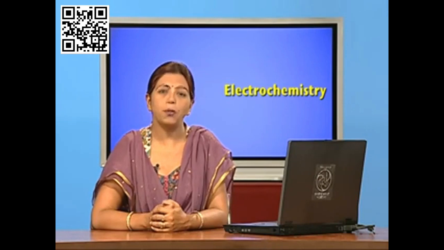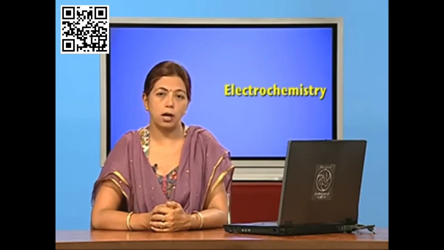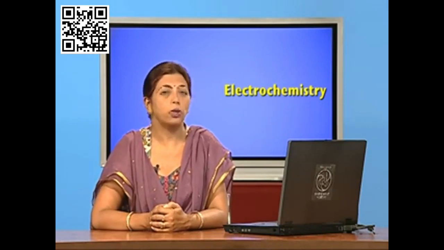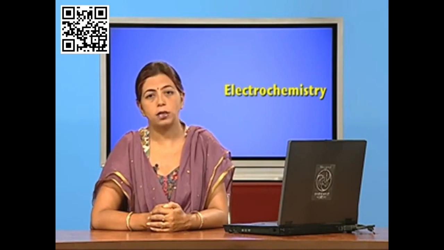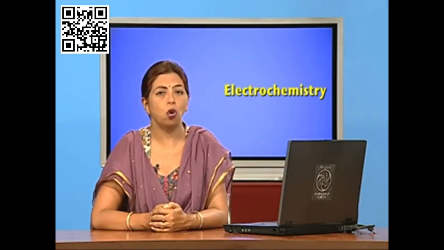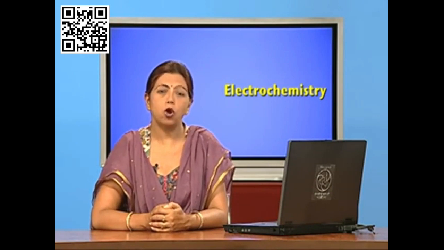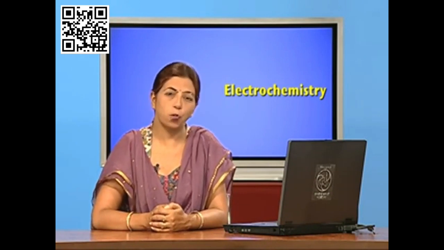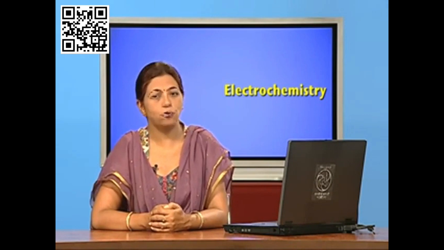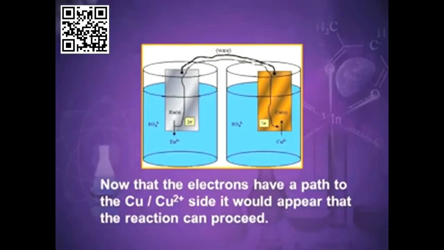There the copper ions, Cu2+ ions, will accept or gain these 2 electrons and they will reduce to copper metal, and these copper metal atoms will get deposited on the copper electrode. We can say that the electrons have a path to the copper ion side. It would appear that the reaction can proceed, and we can see that the bulb will glow.